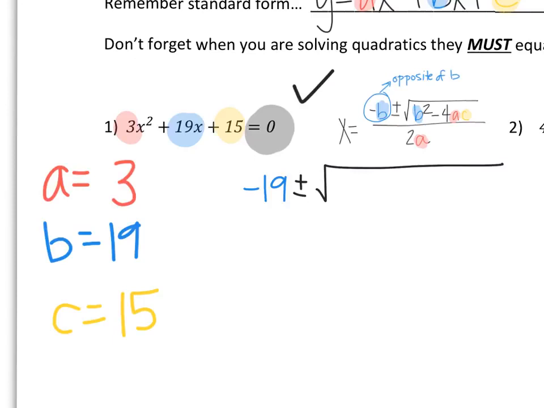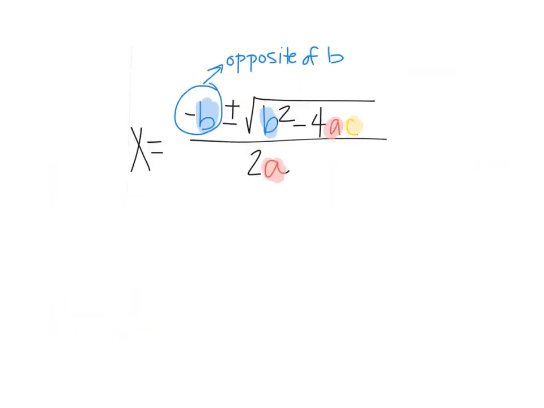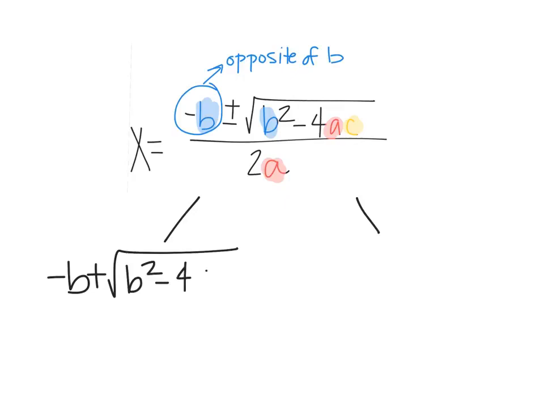This is something you in Algebra 1 have never seen before. When we have this plus minus symbol, this means two things. Our formula isn't really one formula. Our formula is actually two formulas. The first formula is negative b plus the square root of b squared minus 4ac, all divided by 2a.